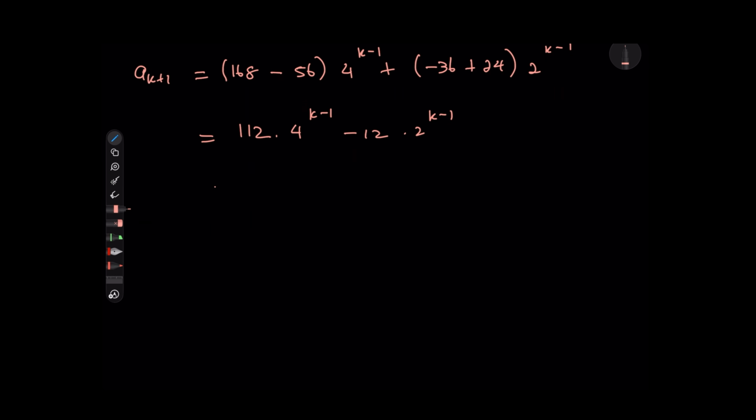The 112 by 4 to the power of k minus 1 would not immediately become something in terms of 4 to the power of k plus 1, so I'll have to try something like 7 by 16. This is correct: 7 by 16 is 112, by 4 to the power of k minus 1.